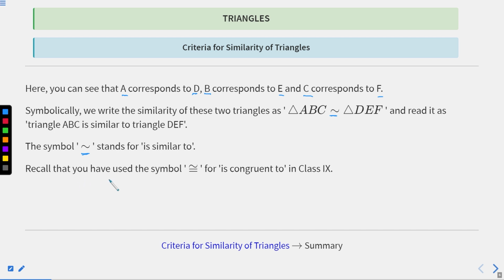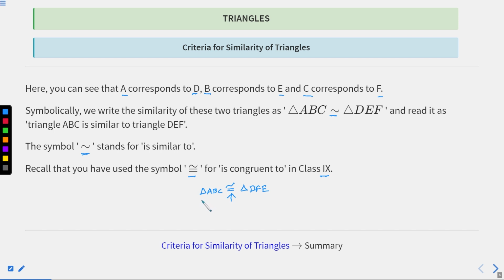Here we recall that in class 9th you used a different symbol for is congruent to. When two triangles ABC and DEF are congruent to each other, we write triangle ABC is congruent to triangle DEF.